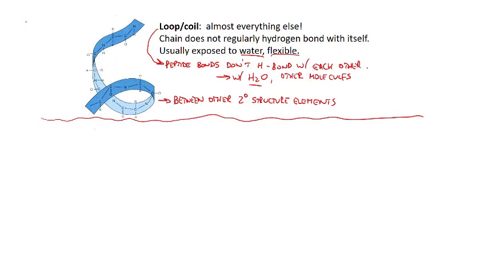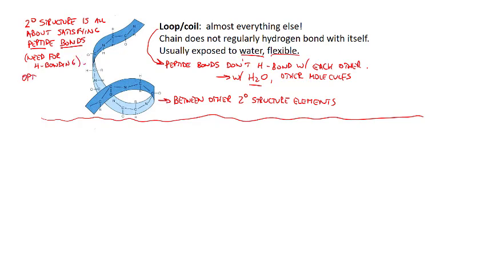So to summarize, secondary structure is all about satisfying the peptide bonds. And by satisfying, I mean fulfilling their need for hydrogen bonding.